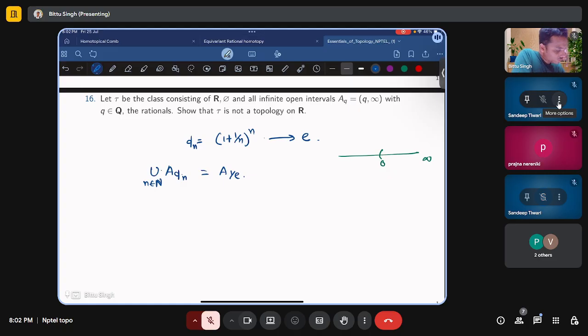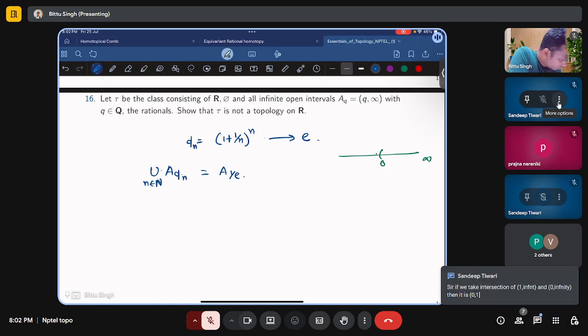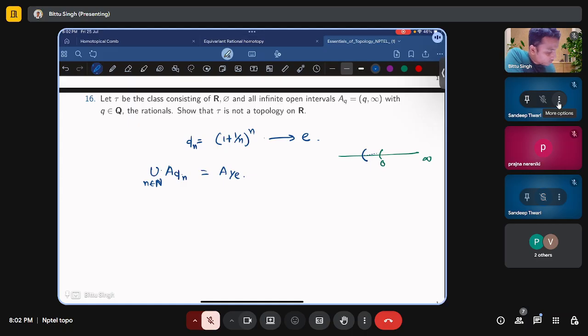No, that is wrong. The union should converge to the left side, so I need to create a decreasing sequence. This sequence is increasing, so if we put a negative sign, that will be decreasing.